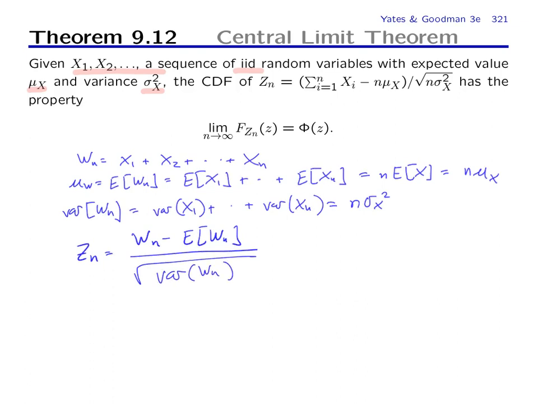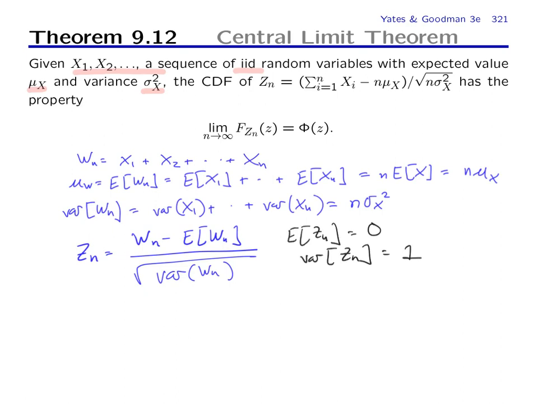Since this is the same kind of normalization that we did in order to use the phi function to evaluate the Gaussian CDF for arbitrary Gaussian random variables, you should already know that the expected value of Z_n is equal to 0, and the variance of Z_n is equal to 1.